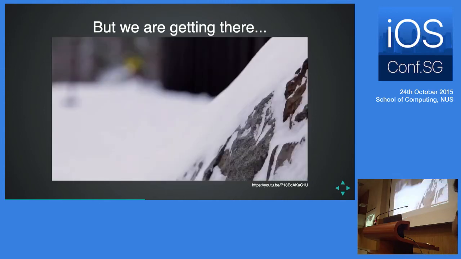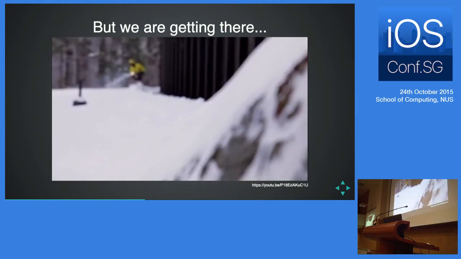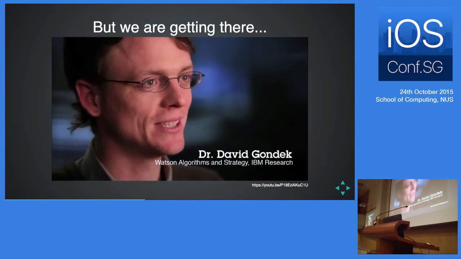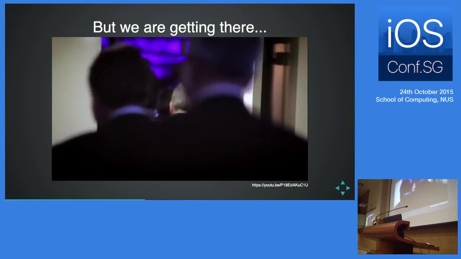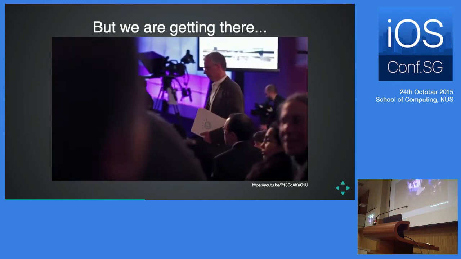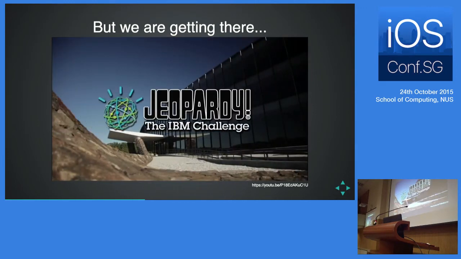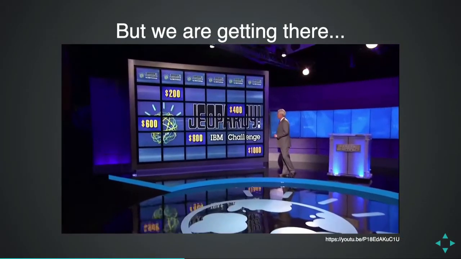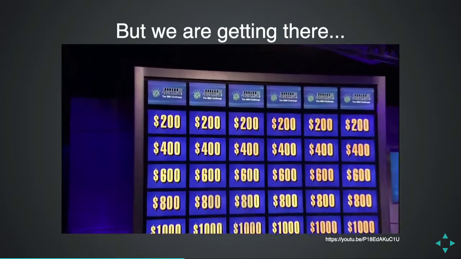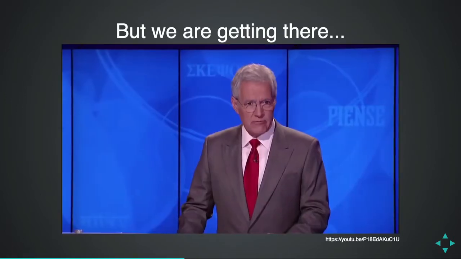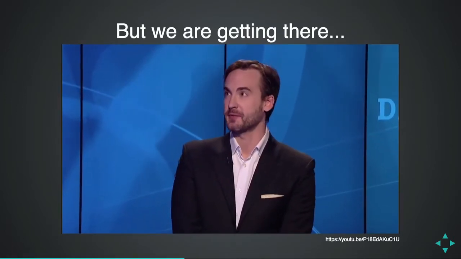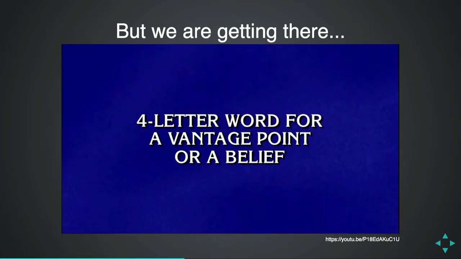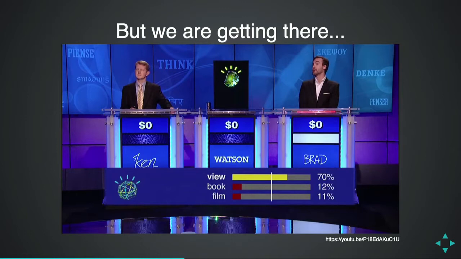I remember that morning going to the lab, and I was thinking, this is it. This is the last Jeopardy game. This is Jeopardy, the IBM Challenge. Here we go. Brad, if you're ready, make your first choice. Let's take alternate meanings for 200, Alex. 4-letter word for a vantage point or a belief. Brad. What is a view? Yes.